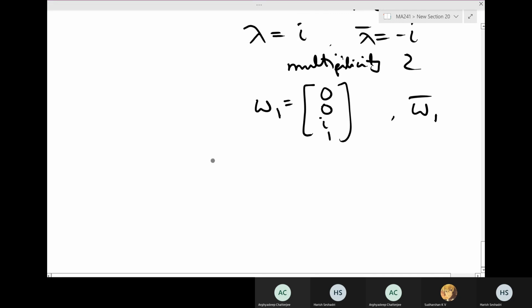So we have to find a generalized eigenvector for, let's say, i. Again, the power I have to take is forced to be 2 because the multiplicity is 2. So one ends up solving this equation.